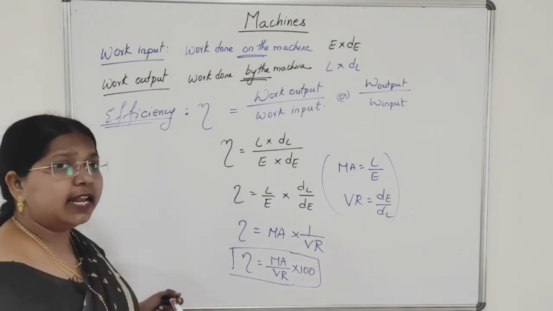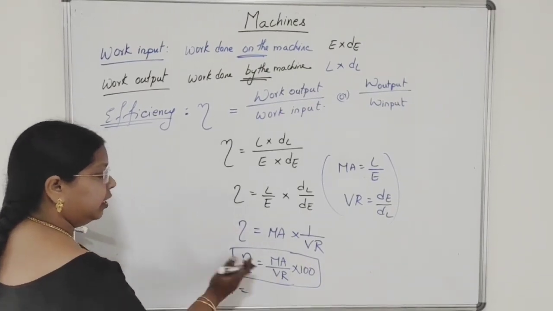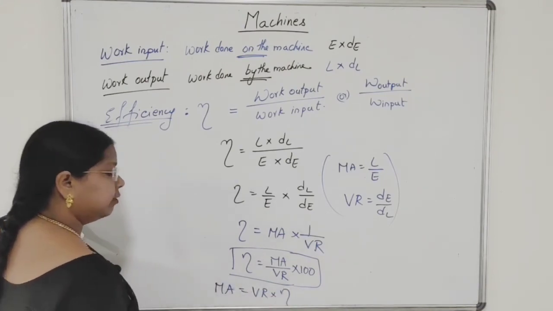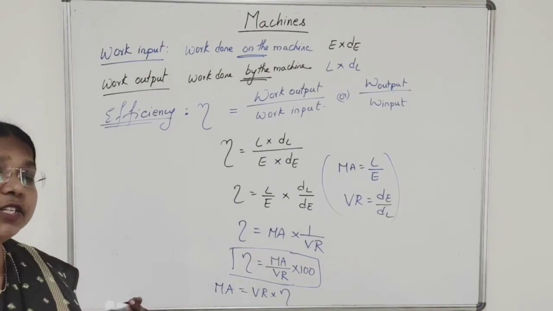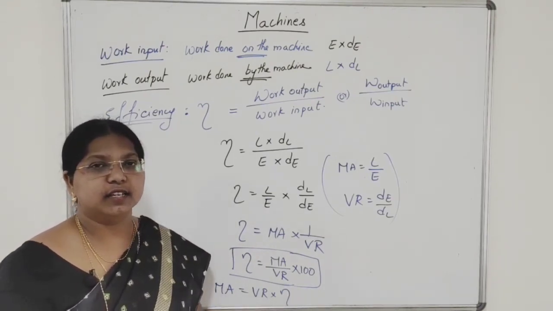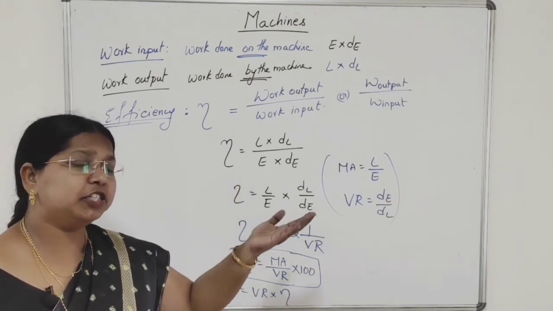From this we can also calculate the mechanical advantage of a machine. MA is equal to VR into efficiency. So mechanical advantage is the product of velocity ratio and efficiency. Clear? We already know efficiency is 100% for an ideal machine.